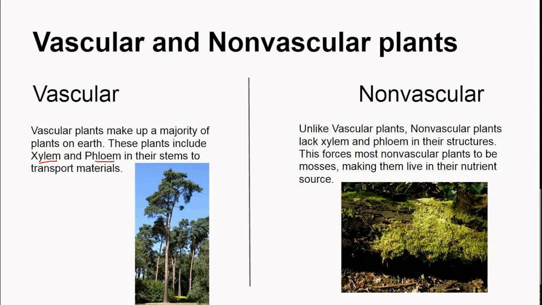In case of non-vascular plants, remember, like the liverwort, they don't have any vascular tissues. They lack the presence of xylem and phloem, so they can transport nutrients and water only through diffusion or osmosis.